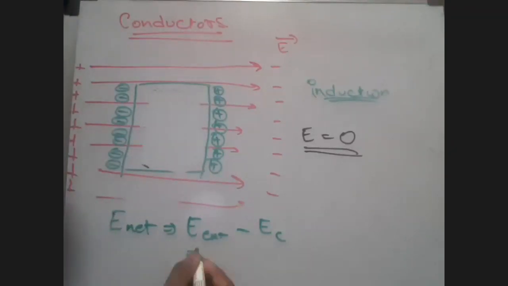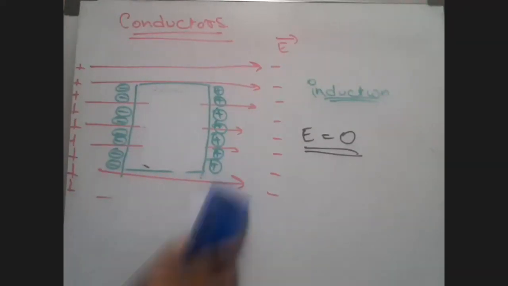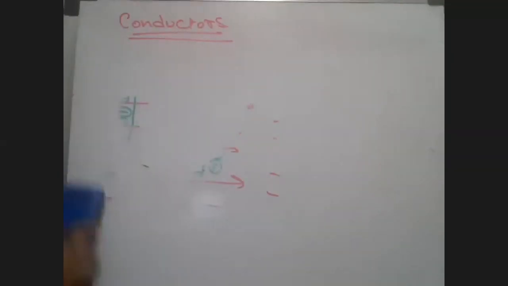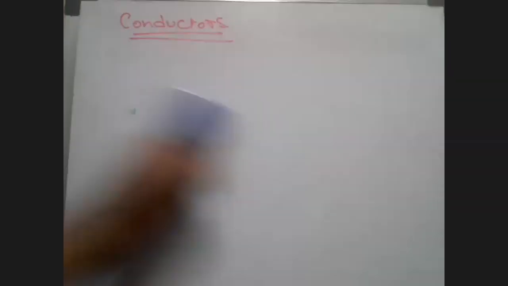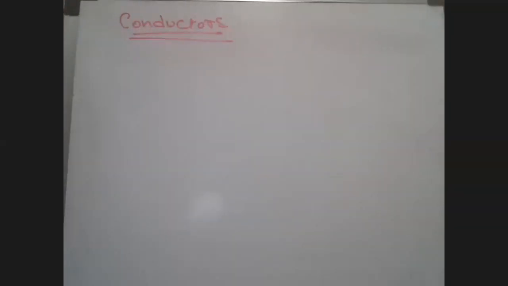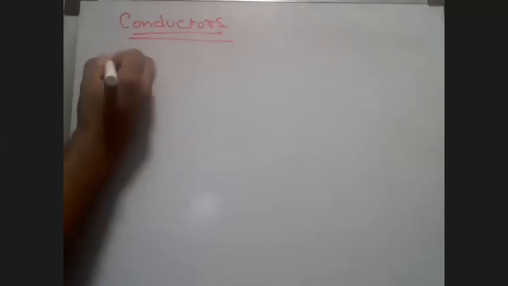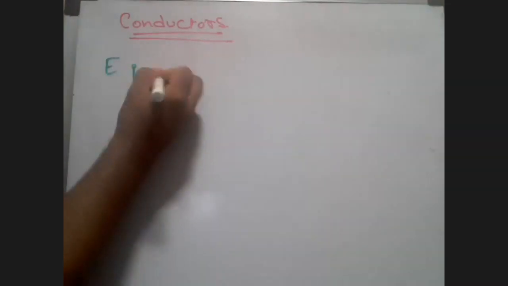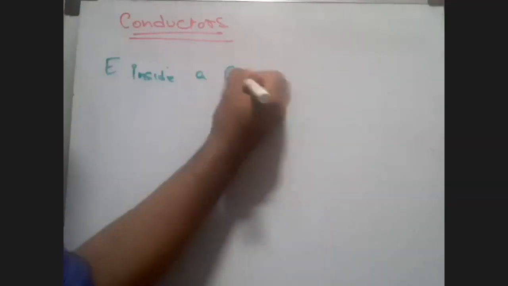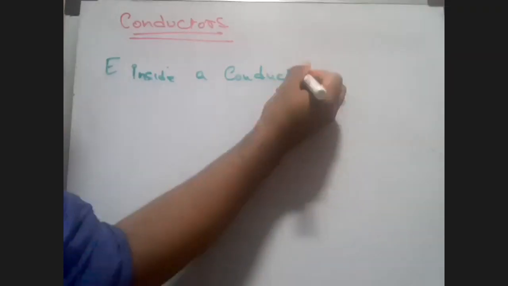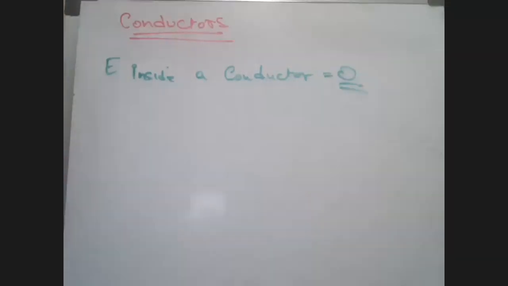So E external equals E opposite, and your net electric field intensity within the conductor becomes 0. Is that clear? So the first thing we learned in conductors is that the electric field E inside a conductor is equal to 0.